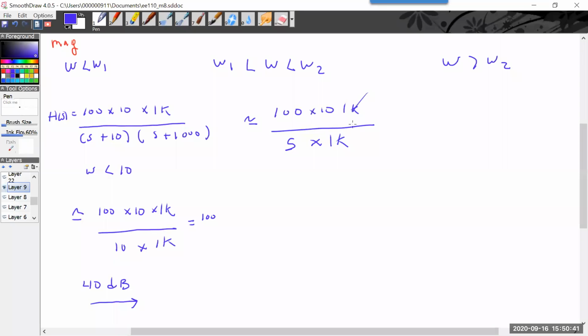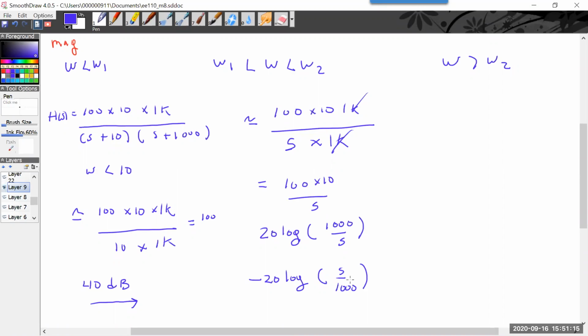The second pole drops out, and when we take the magnitude of that and put it into our dB form, we get minus 20 dB per decade slope, and it's 0 dB when omega equals 1,000. Okay.